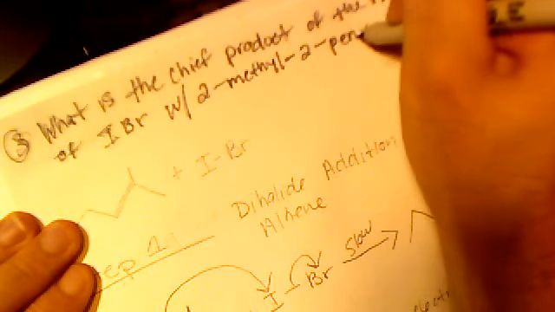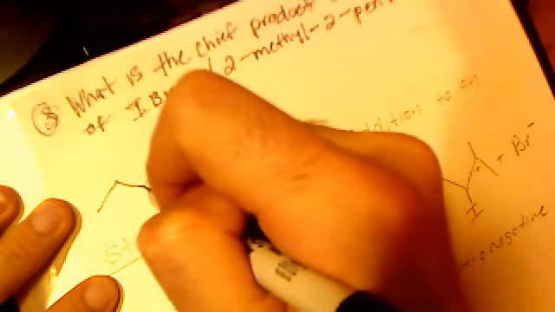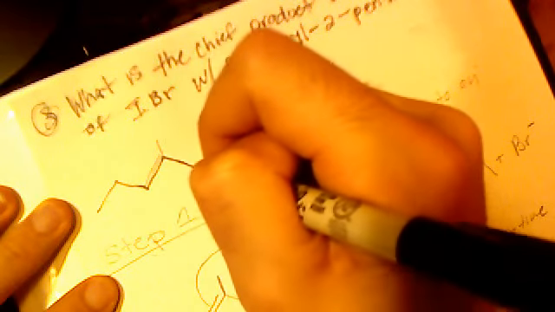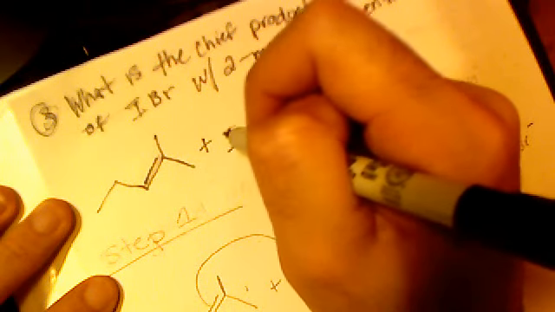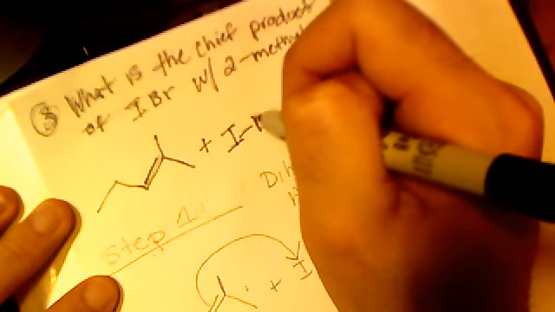So we draw out the molecule of 2-methyl-2-pentene, and it's reacting with iodobromide.